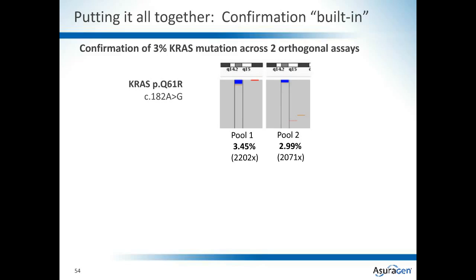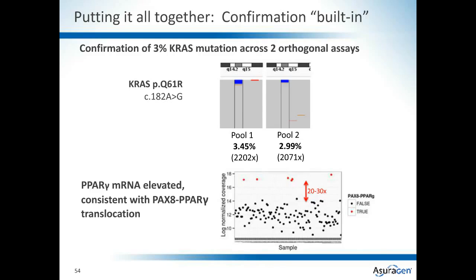We've also done this on the RNA side. So translocations are a critical part of being able to correctly call these particular specimens and index them in a clinical sense. And one of the more important translocations that's associated with thyroid cancer is PAX8-PPARγ. So since we have a translocation pool, we have an mRNA pool, we can use both of those pool designs to our advantage.